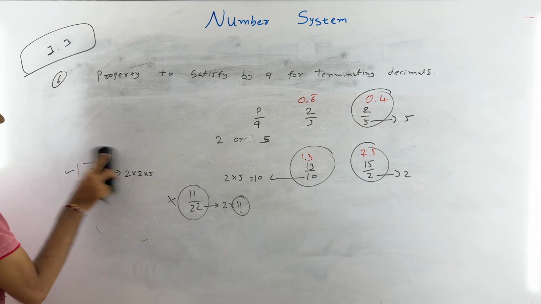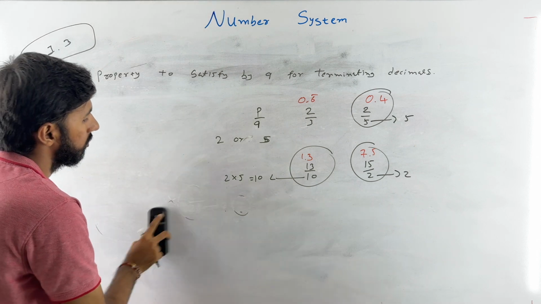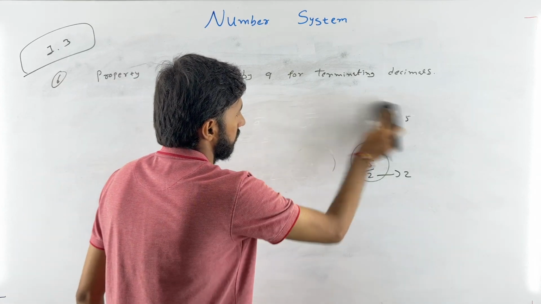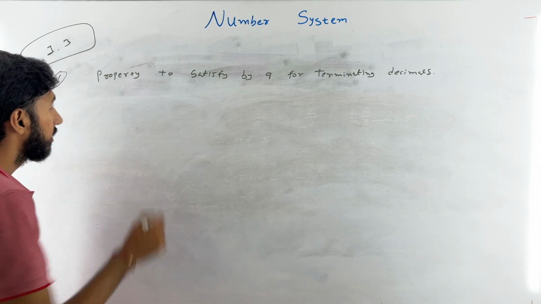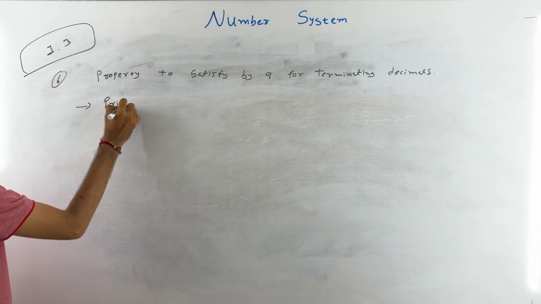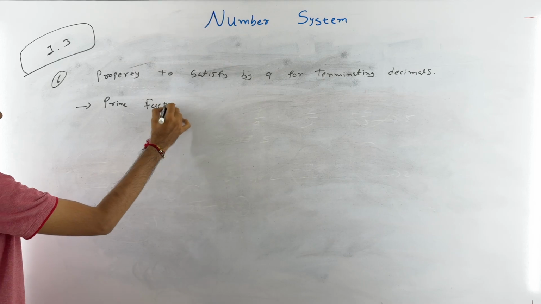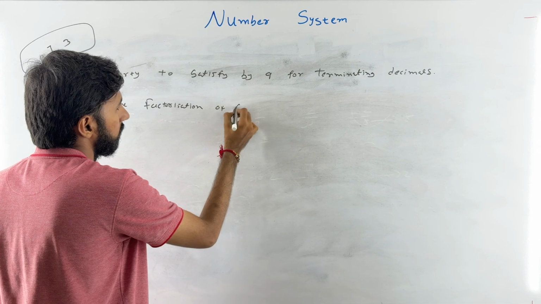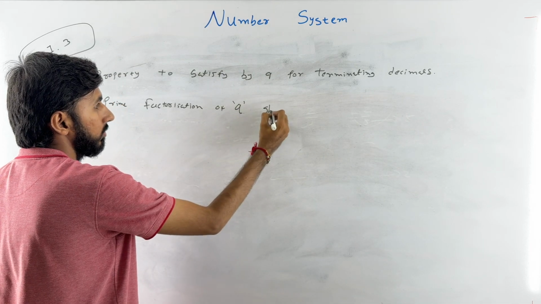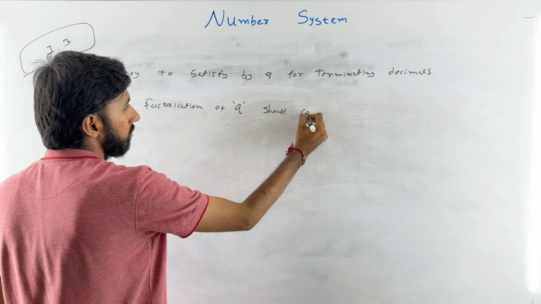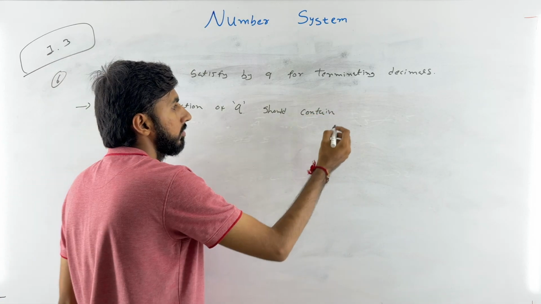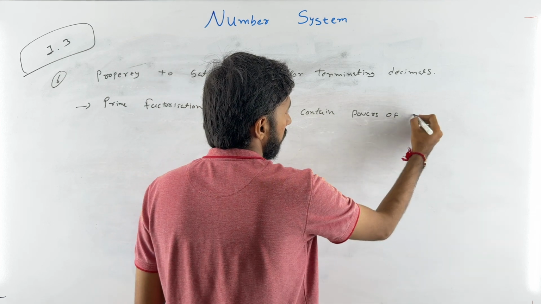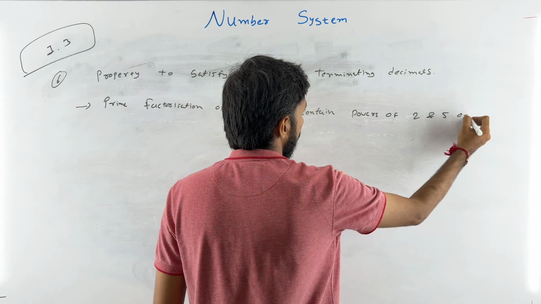So if ever you are asked the property to satisfy for p by q to have a decimal expansion in the form of terminating, you can write: the prime factorization of q should contain powers of 2 and 5 only.